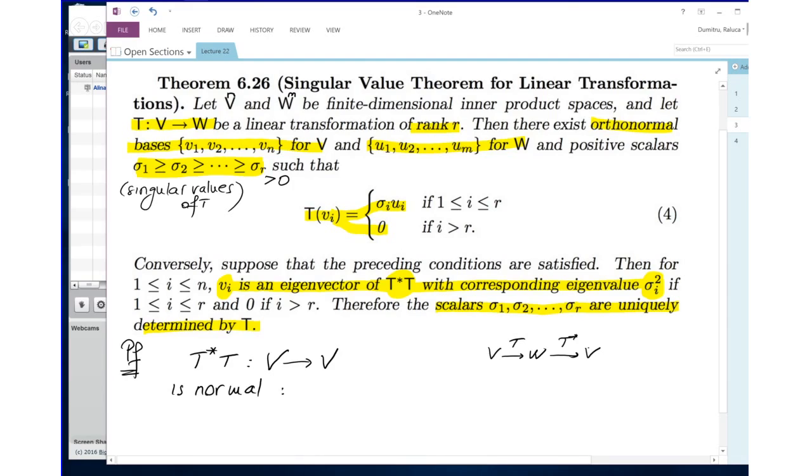Why is it normal? Well, let's check that. An operator U is normal if U star U equals U U star, right? U is T star T for us.